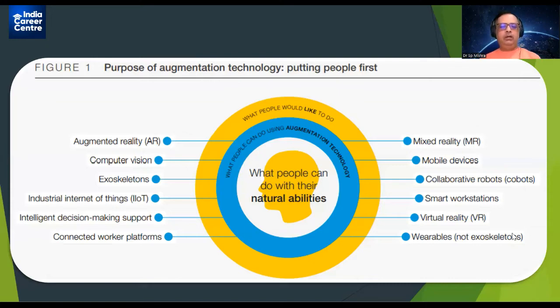And around that, we have all the technology which are going to interface. Some of it already happening, and a lot of it is going to happen as we go along. So all these are going to be a part of all our work life and normal life as we go along.